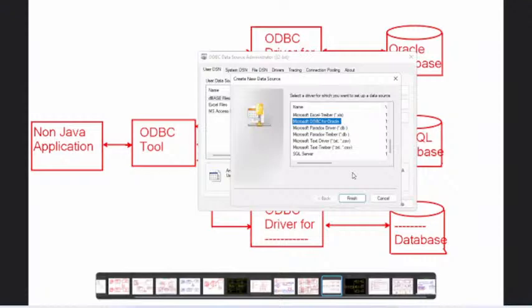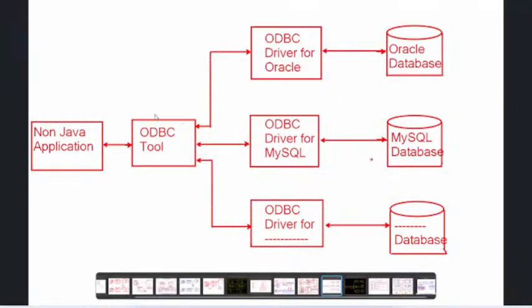Any other database driver you download and install also appears in this dialog box. So the ODBC tool contains ODBC drivers. Whichever database you want to connect to, you select that particular driver, and with that we can connect to a database.